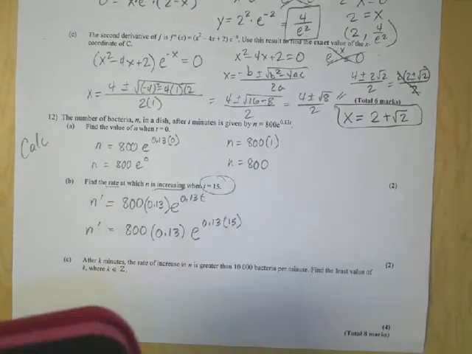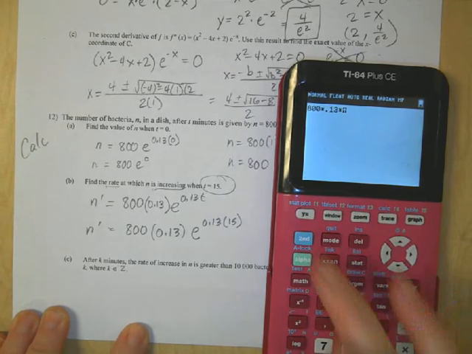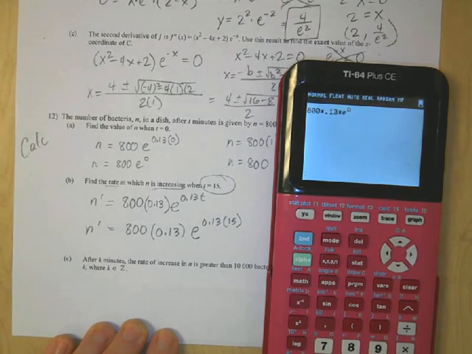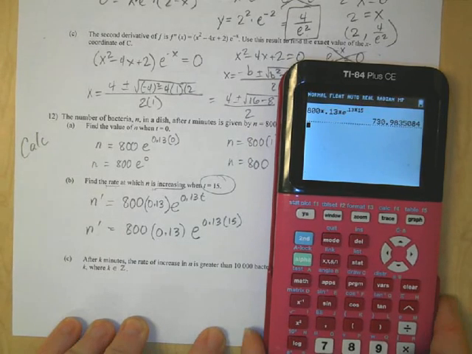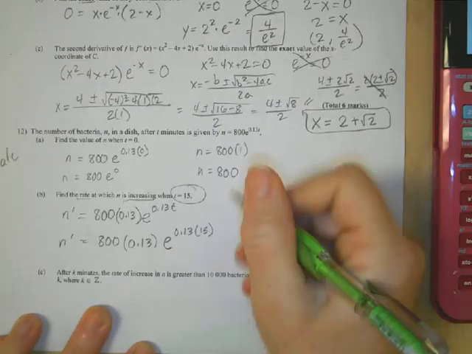And I'm going to put in 800 times 0.13 times e to the 0.13 times 15, and I get 731.